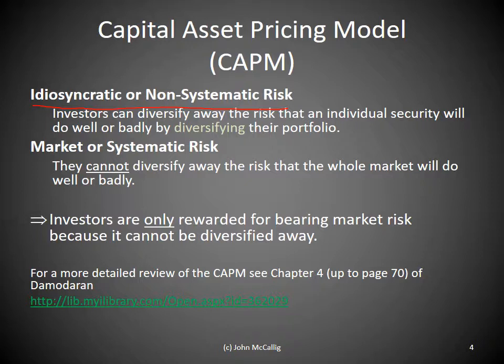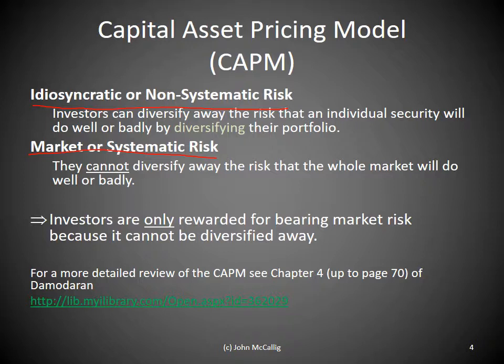This is the risk that Ryanair will do well or badly because of factors that are individual to Ryanair. The other type of risk is market or systematic risk. That cannot be diversified away by holding a larger portfolio. This is the risk that the whole market will go up or down, or will do well or badly. And you just can't diversify away these risks.